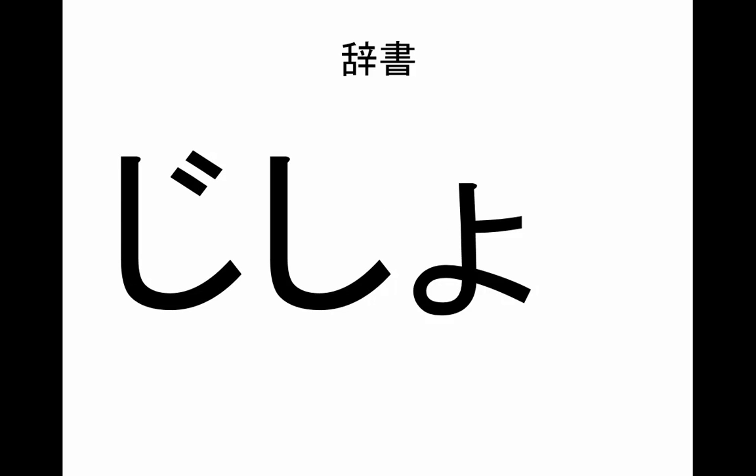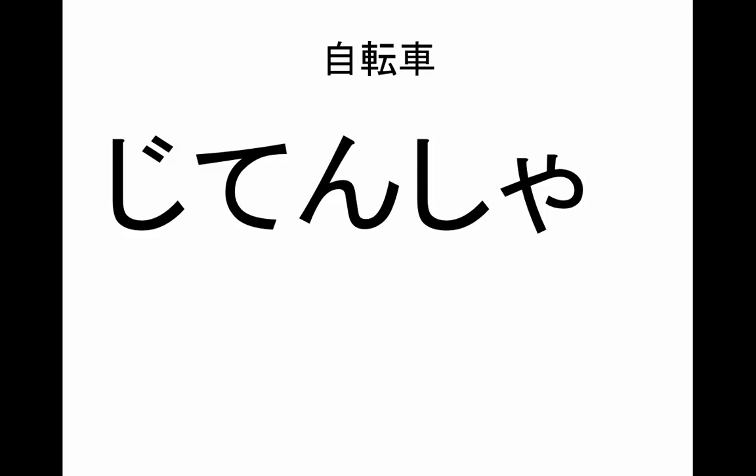Jeans. Some of you are probably wearing jeans right now, right? Jisho. Somebody owns one and it's sitting right back there. Jisho desu. Everybody know what that is now? Dictionary, right?